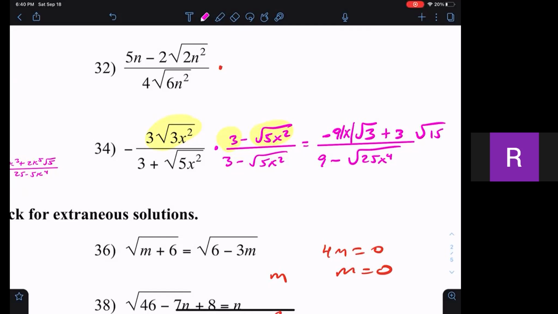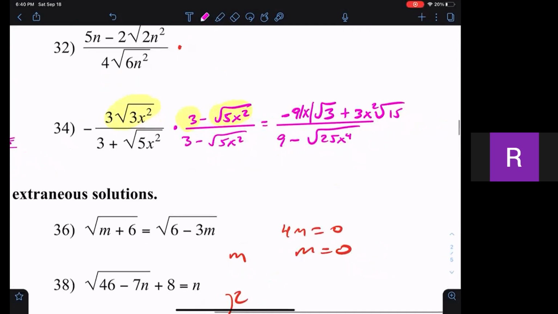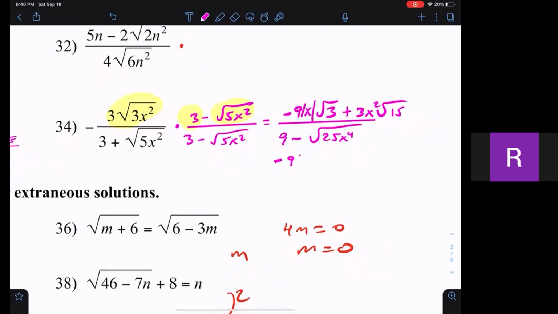The x to the 4 is going to be x squared. So that's going to come out. And at this point, I need to simplify the denominator. So negative 9, absolute value of x, root 3 plus 3x squared, root 15 over 9 minus 5x squared. And that's the answer.